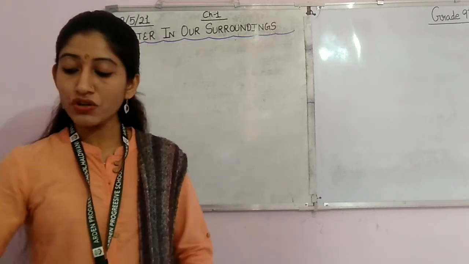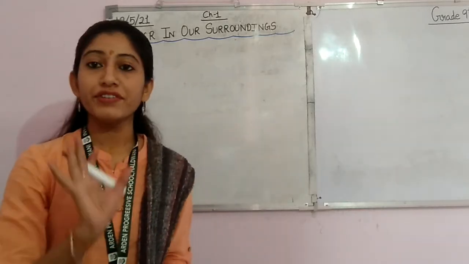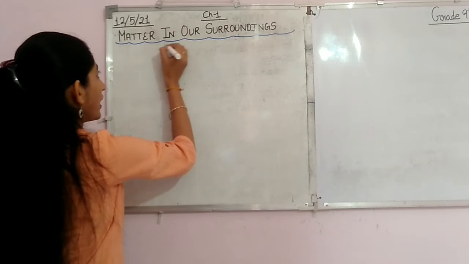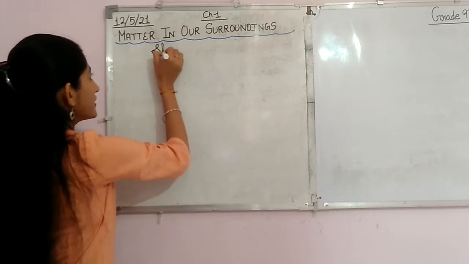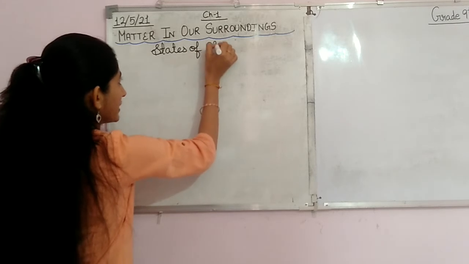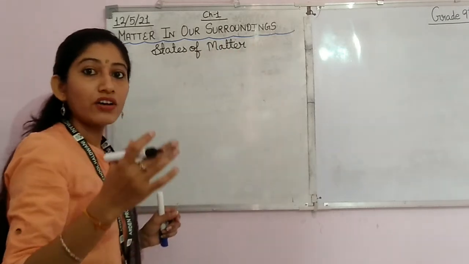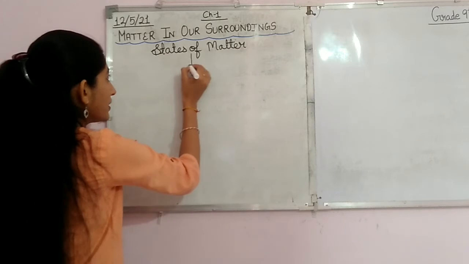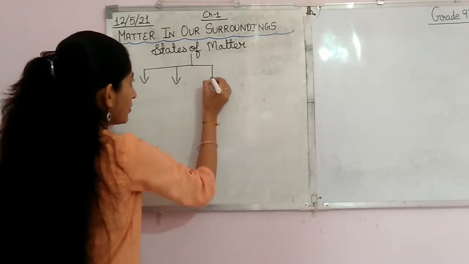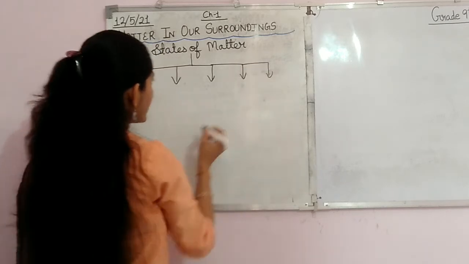So as you all know, we have mainly 5 states of matter. I told you this earlier also. It can be divided into 5 types: 1, 2, 3, 4 and 5. And what type of division is it?